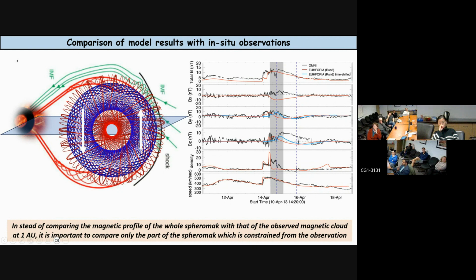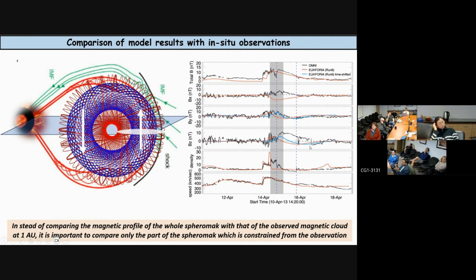So basically, if you want to compare one to one, only this part of the structure should be compared with the observed thing, which is denoted by the gray shaded region, where you see the purely positive part of the spheromak. This part can be compared with this part, but not this lower part.